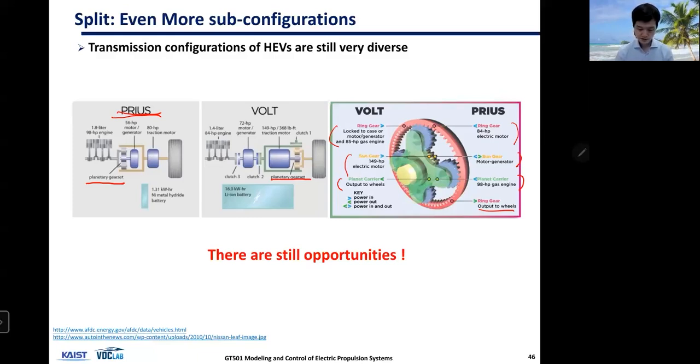Another difference between these two architectures is that the Volt architecture has clutches, so you can generate different modes and different architecture. So output split mode is just one mode out of the 4 modes available for Voltec architecture, whereas this conventional hybrid Prius architecture is a single mode and does not have any clutches.